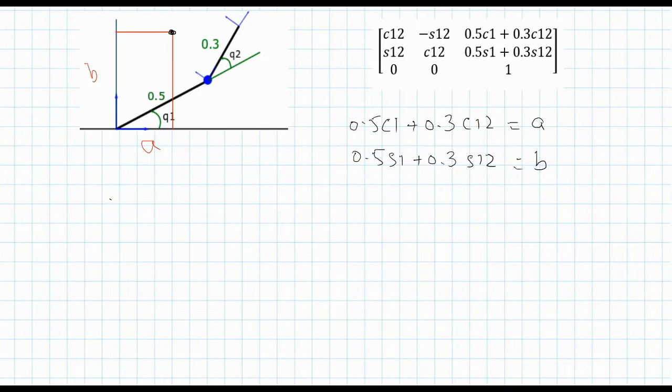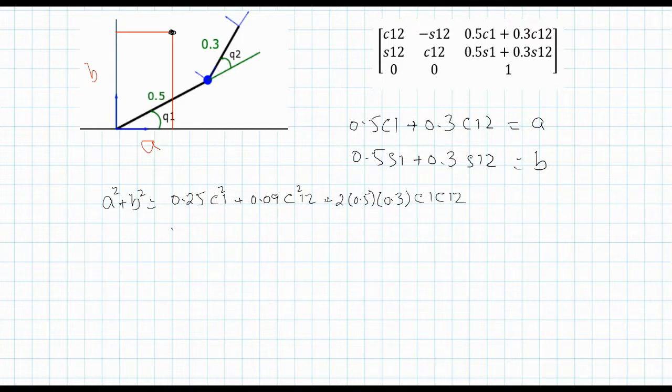Squaring and adding, we get a squared plus b squared is equal to 0.25 c1 squared plus 0.09 c12 squared plus 2 times 0.5 into 0.3 c1 c12.